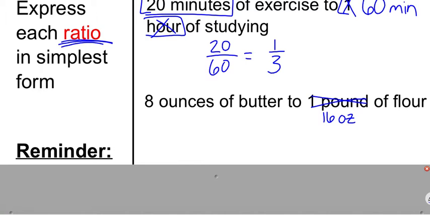In the back of your book, there is a conversion between many of the common conversions, such as ounces and pounds. And inside your planner in the back, there's also a conversion of some of these basics that you can use to help you. Then I just have to write the ratio, which would be 8 to 16, which is the same thing as 1/2.